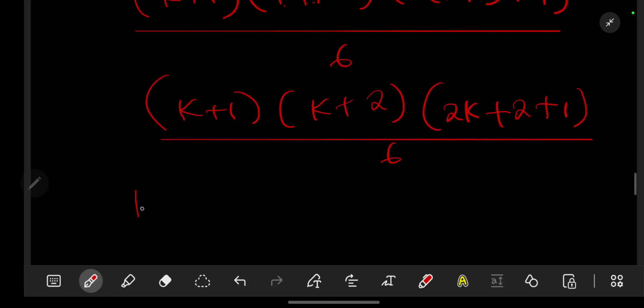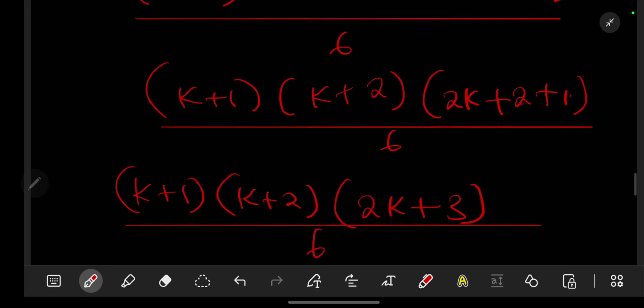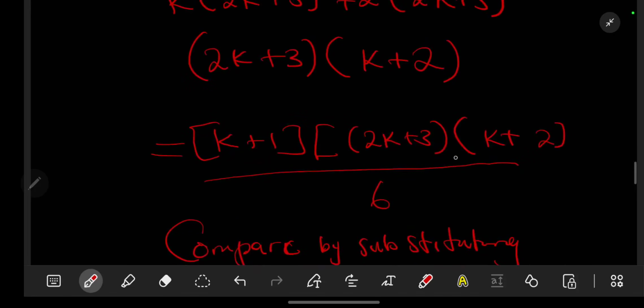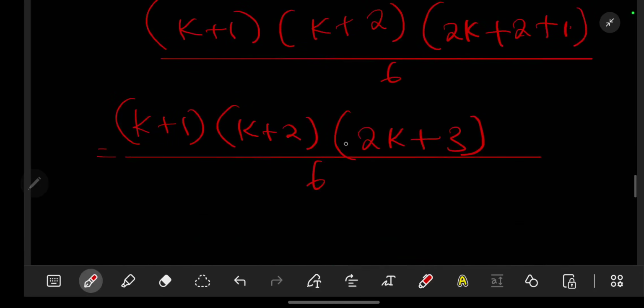So this means that we have our k plus 1, then we have our k plus 2, then here we have 2k plus 2 plus 1, that will be a 3, then over our 6. So this is what we have gotten, and this is what we got. As you can see, they are exactly the same.